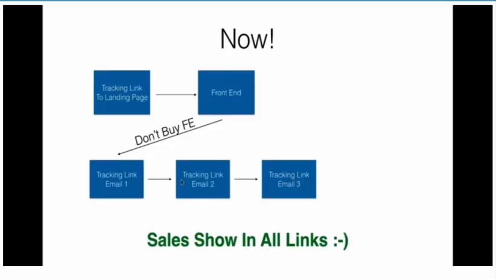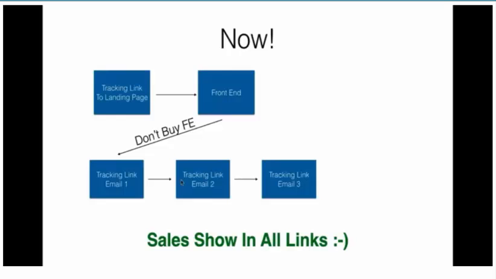Now, previously, the way the system was set up was that Magick could only attribute the conversions to one tracking link. So if someone came into this funnel, they opt in, they see the front end, they don't buy it, and now you're following up with them with emails to try to get them to purchase the front end.